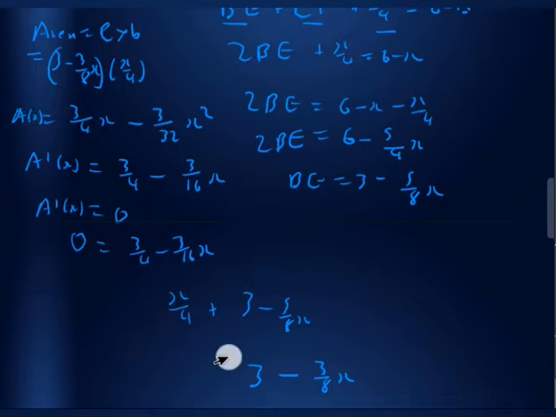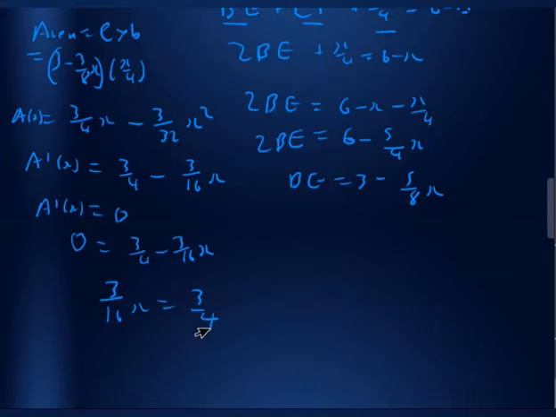So let's solve it. If I take this to the other side of the equation, I've got 3 over 16 x is equal to 3 over 4. Okay, so how do we get rid of this? If you want, you can cross multiply, or you can multiply by the LCD, which is 16.